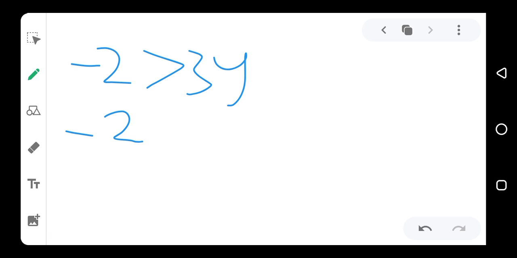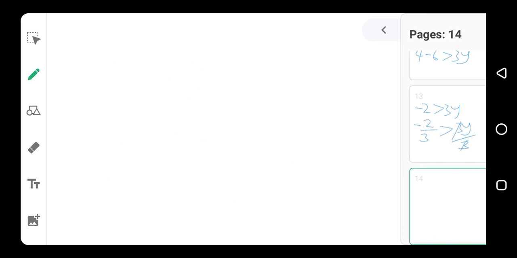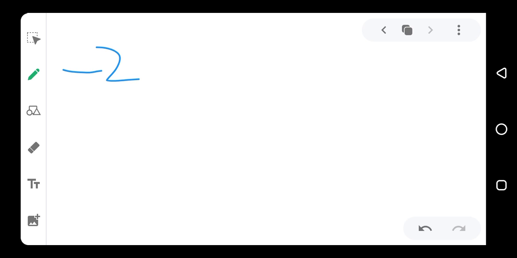So we have minus 2 over 3 is greater than 3y over 3. The 3 here does not have a negative, so we did not change the sign. So we have that minus 2 over 3 is greater than y.